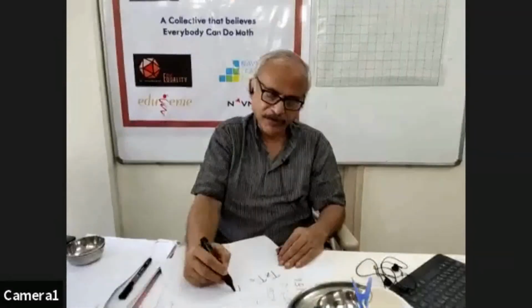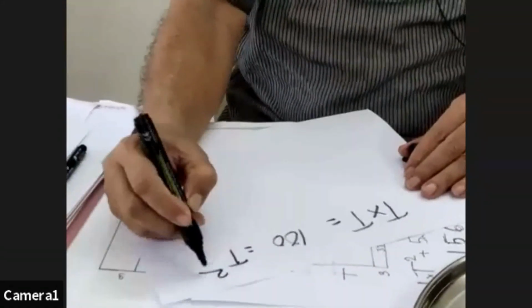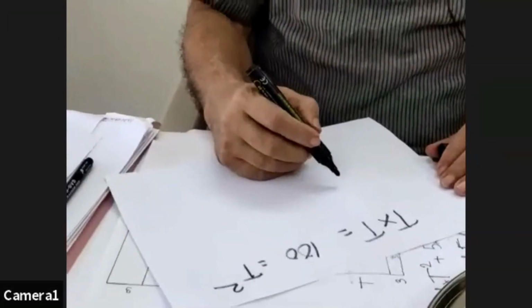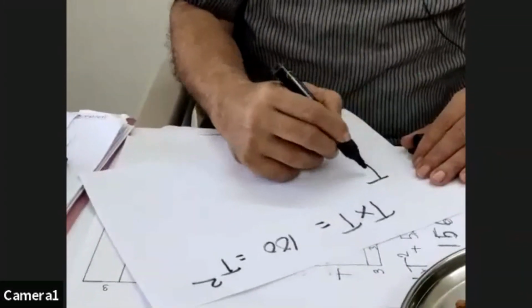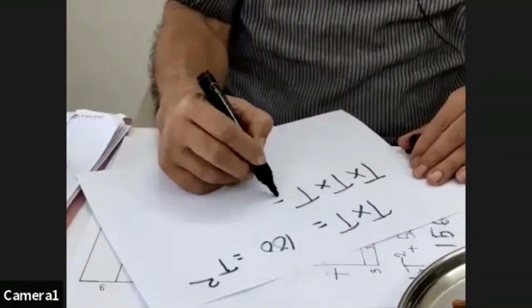So my next question, and this is the problem that you have to solve here: we saw that t into t is equal to 100, which I can also write as t squared. My next problem is, what is t into t into t?